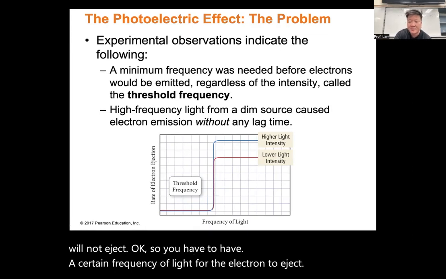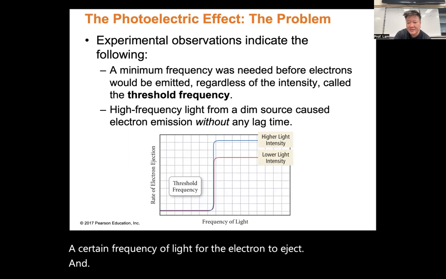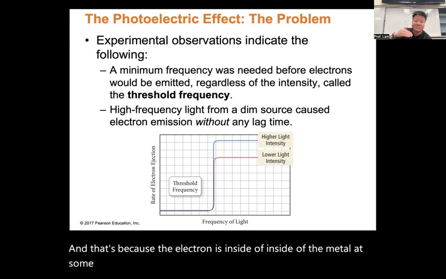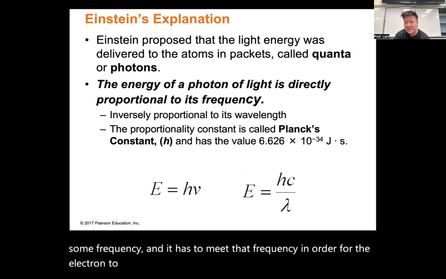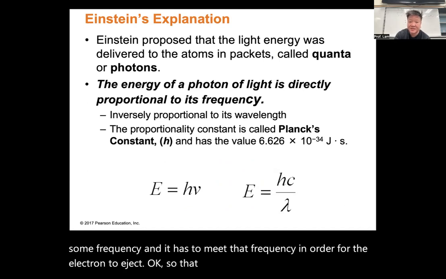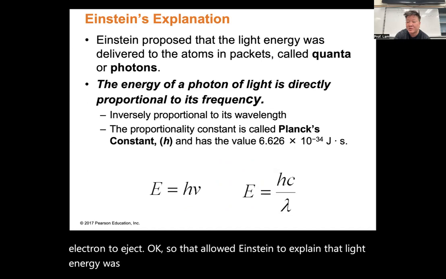That's because the electron is inside of the metal at some frequency, and it has to meet that frequency in order for the electron to eject. So that allowed Einstein to explain that light energy was actually delivered in what's called packets, photons of certain energy.